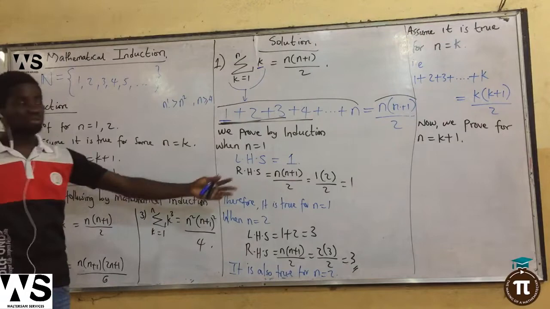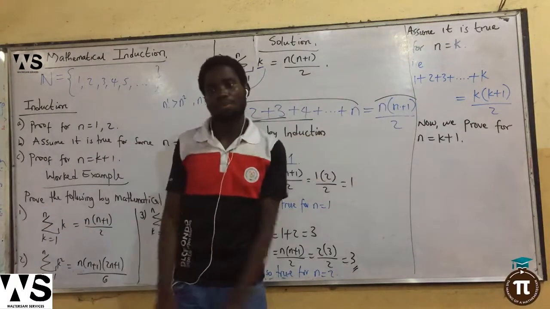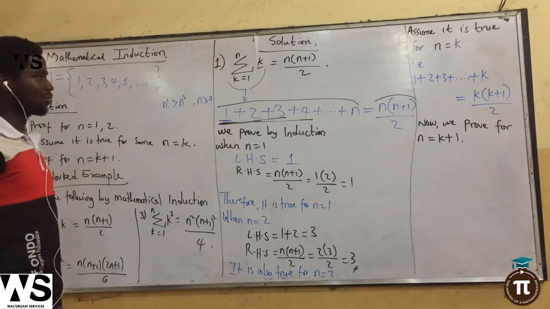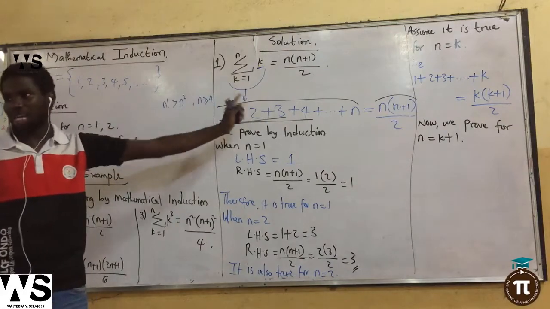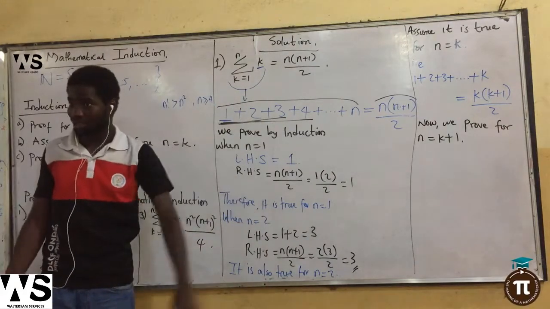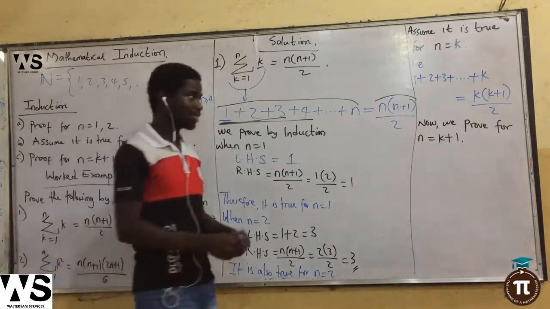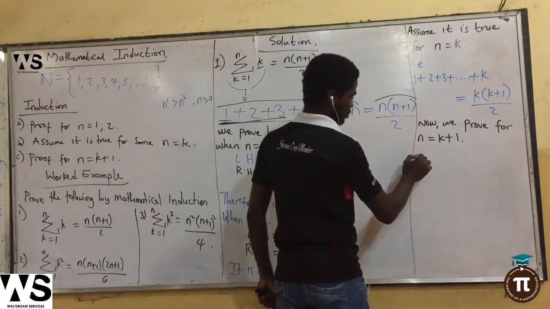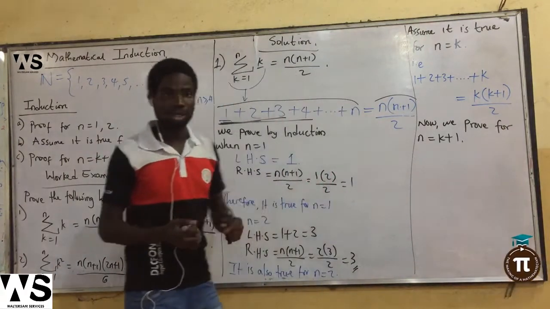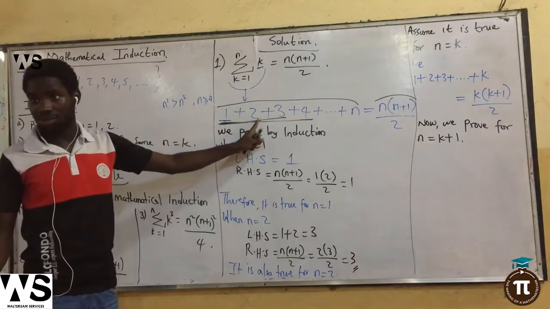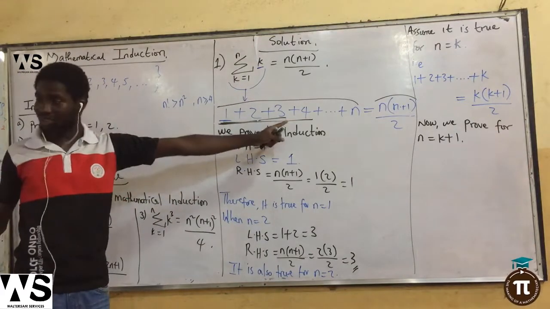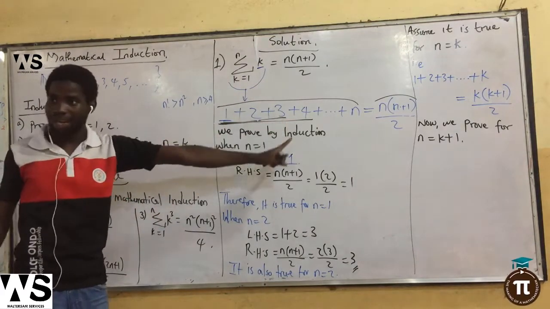Just as I'm assuming it is true for n equal k, this is it. What do I do when n equal k plus 1? That means I'm adding till k plus 1, isn't it? When n equal 2, I am adding till 2, right? When n equal 3, I will add till 3. When n equal 4, I will add till 4.